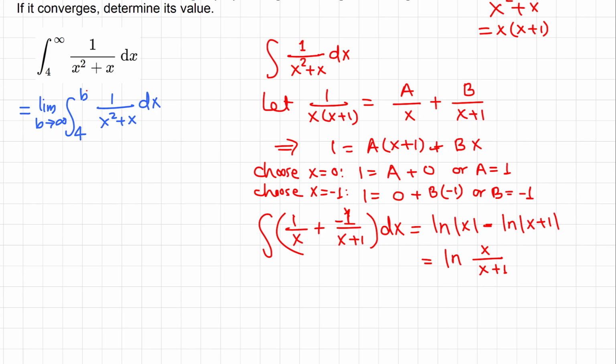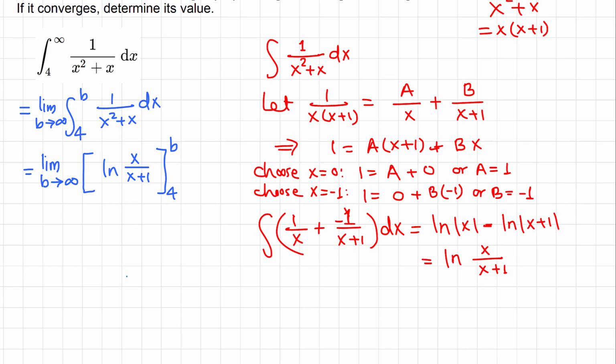Now we need to work on this limit. Look at here, 4 through b, then we take this limit. So let me write over here: the limit as b goes to infinity, with limits of integration 4 to b, and this integration is found here, the natural log of x over x plus 1.